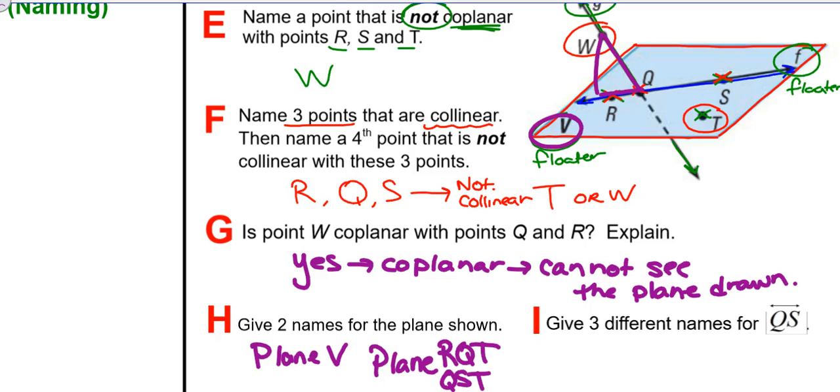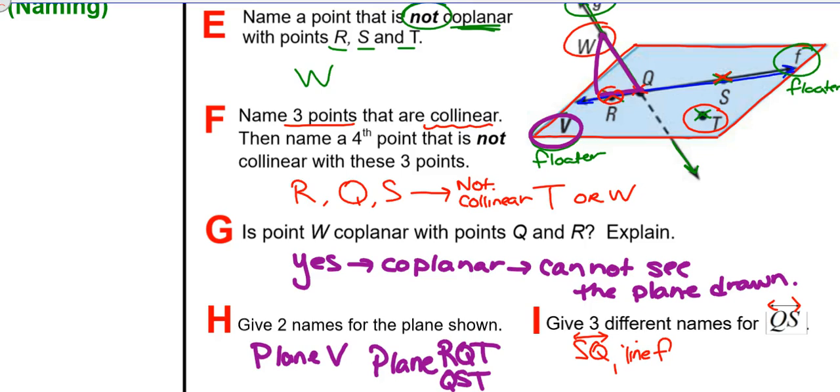And then one of our last questions here, it says give 3 different names for QS. So if I look at this, notice that QS, it has arrows on both sides. So that's the blue line right here, so we could call it SQ, going in the opposite order. We could use the floater on the side. We could call it line F. Or we could pick a different letter.